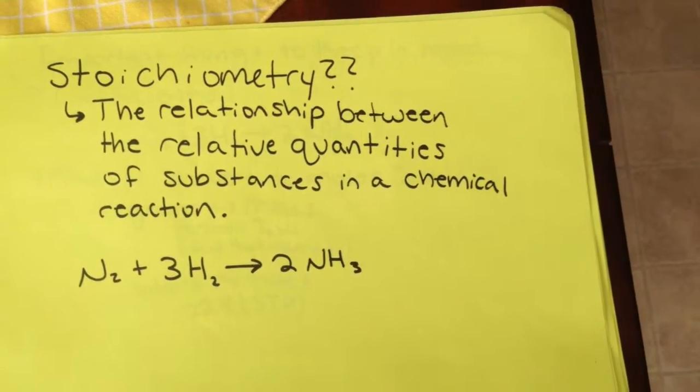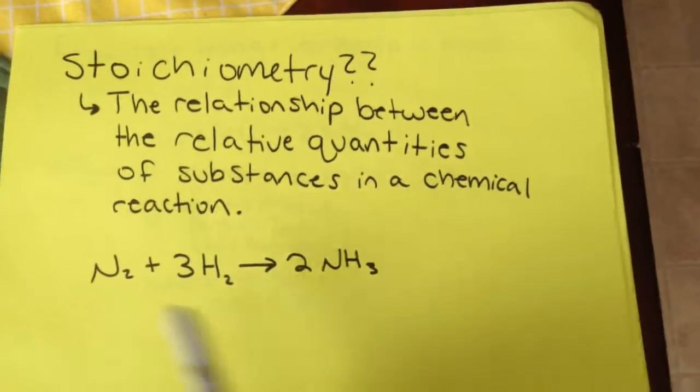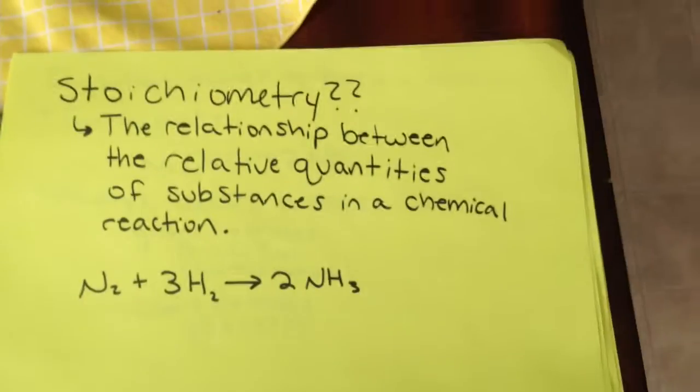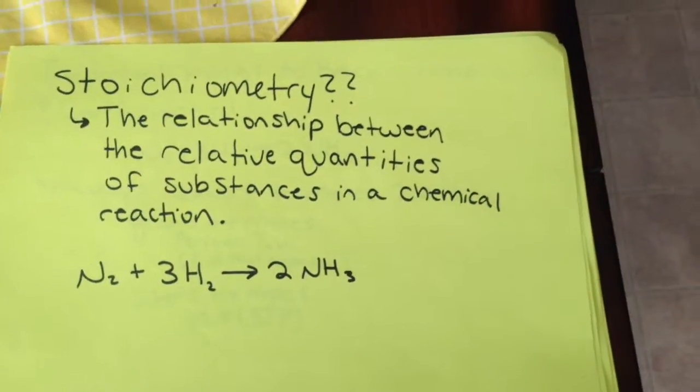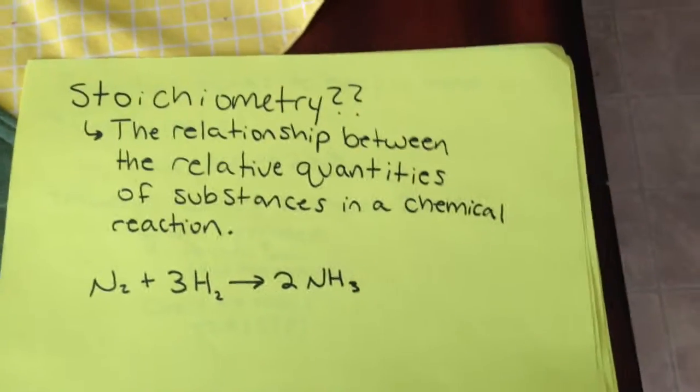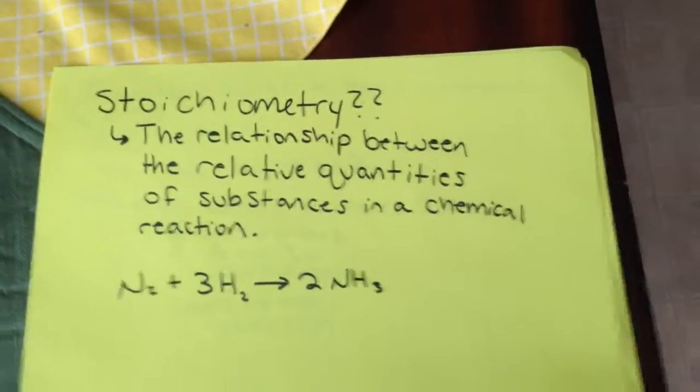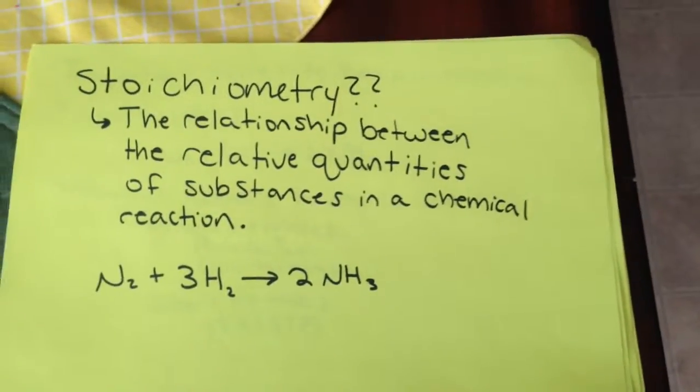And the substances in the chemical reaction are the molecules. And the relationship between them, you will see later throughout the video. It's going to make sense. It's going to click.